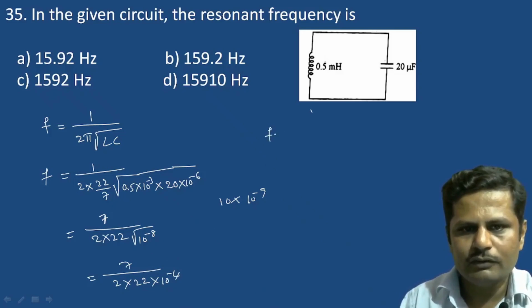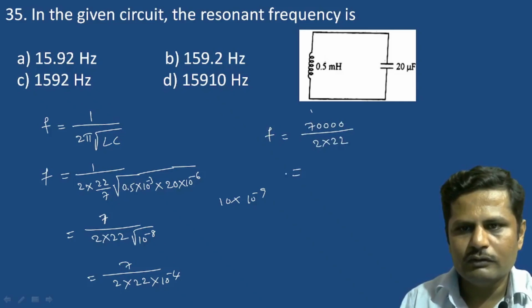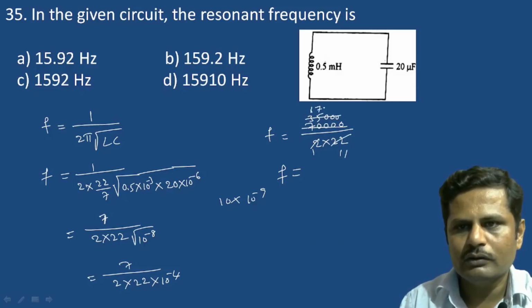So if 10 to the power minus 4 goes to the numerator, then F equals 70,000 divided by 2 into 22. On simplifying this, that is 7,000 divided by 2 into 11 and so on.